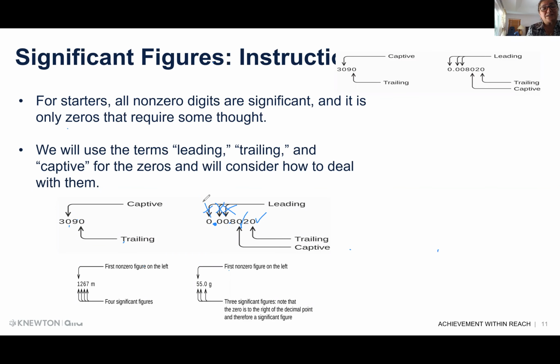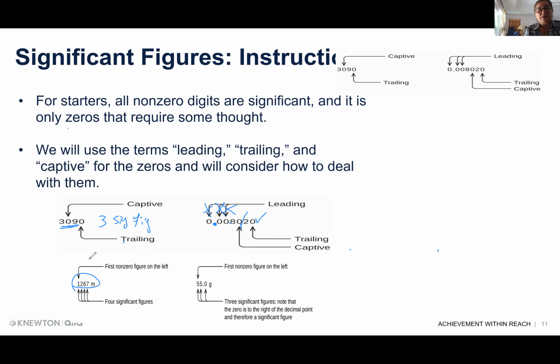For the trailing zero, if you don't see a decimal place, like in this case, you only have 3 sig figs here. So it's going to be 3 significant figures, because the trailing zero, when the decimal point is not visible, is not significant. So here you have 4 significant figures.